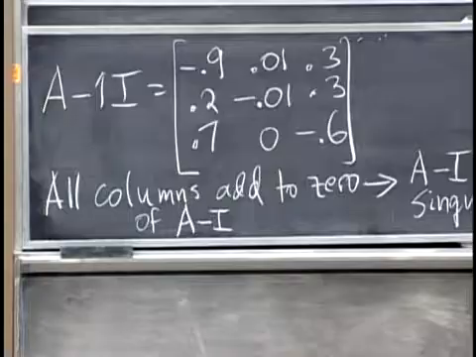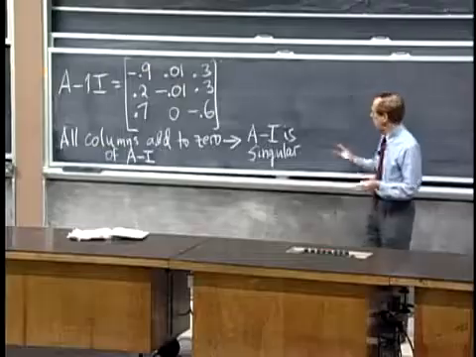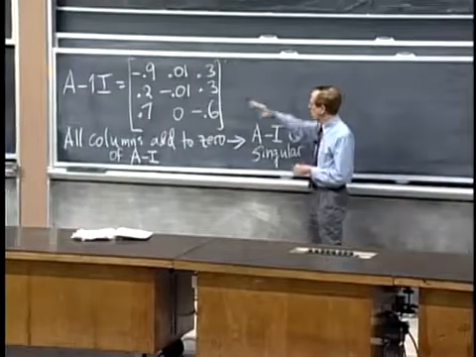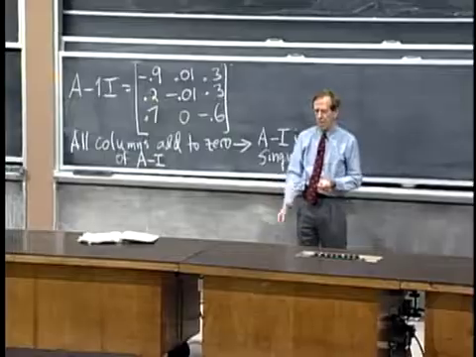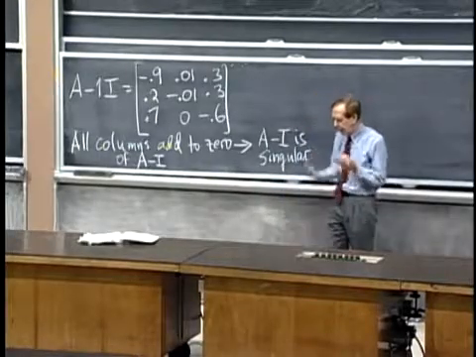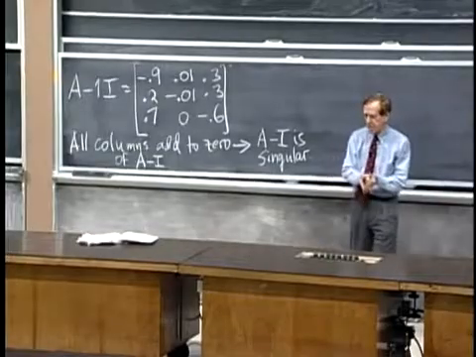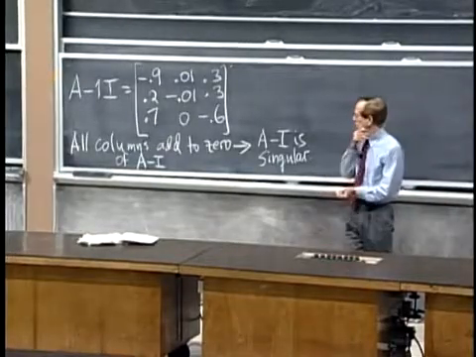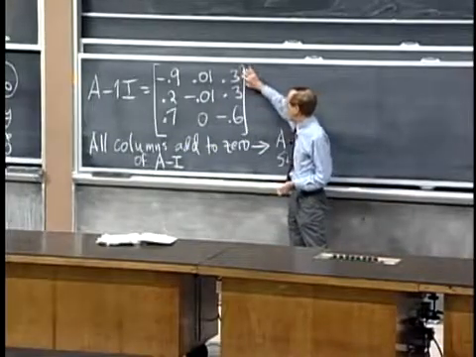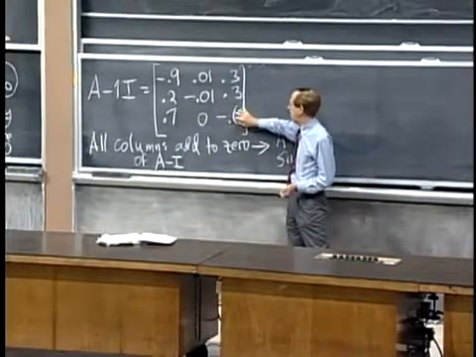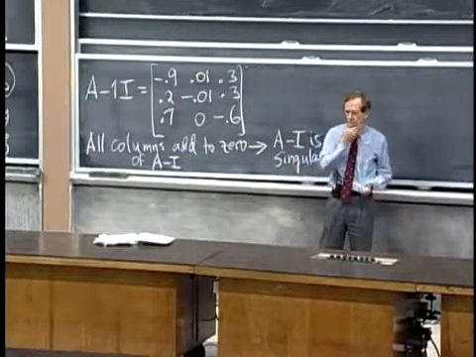What combination of those rows gives the 0 row? How could I combine those 3 row vectors to produce the 0 row vector? And that would tell me those rows are dependent, therefore the columns are dependent, the matrix is singular, the determinant is 0. Well, you see it. I just add the rows. 1 times that row plus 1 times that row plus 1 times that row is the 0 row.